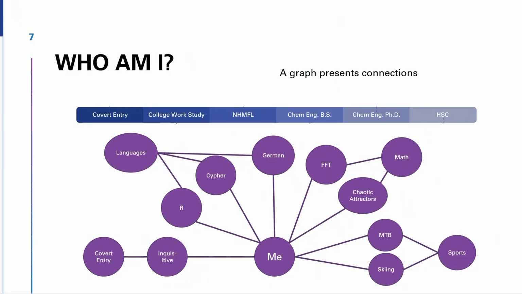But this isn't the only way that we could present it. It works great for telling a story. We see this all the time in biographies and autobiographies and movies. They tell everything in a linear timeline. Another way to represent that is as a graph. So here's an example of a graph defining who I am. And so you might see some stuff in here that relates to me in another way. So perhaps you speak Spanish, but that's a language.